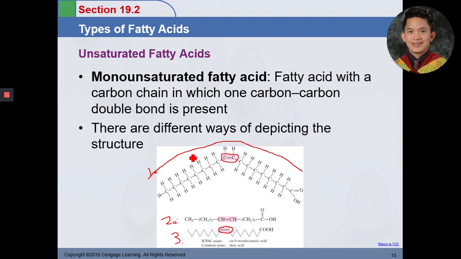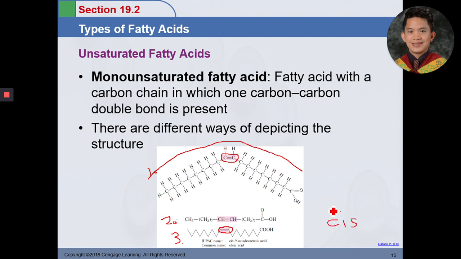This fatty acid has the common name oleic acid, and it also has the IUPAC name cis-9-octadecanoic acid. Now, notice how this fatty acid is named cis fatty acid.